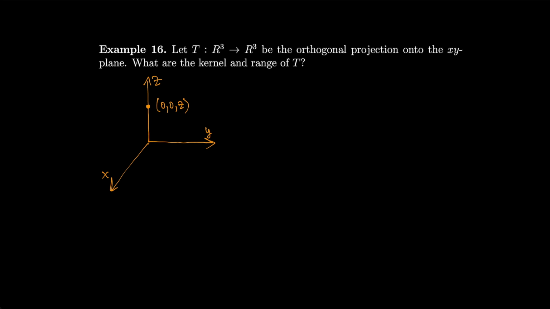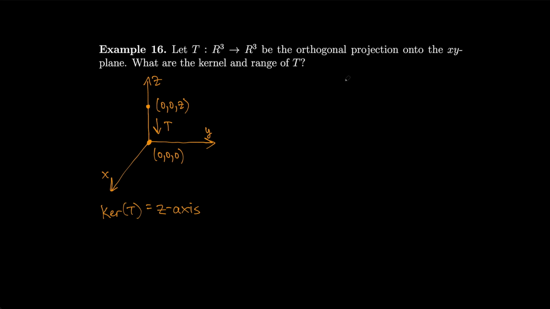If we project downwards using our transformation T, then it projects onto the xy plane, so the z gets dropped and just becomes 0. So everything that gets sent to the 0 vector is any possible point on that z-axis. Anything over here will just have the z dropped and become 0 when we project downwards into the xy plane. So the kernel of T is just every single point in the z-axis. It's just the z-axis.